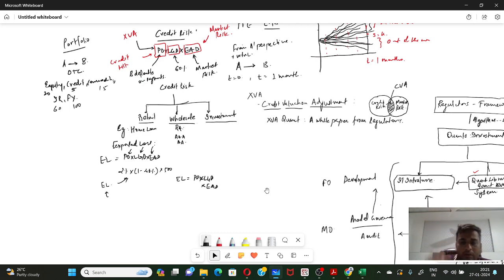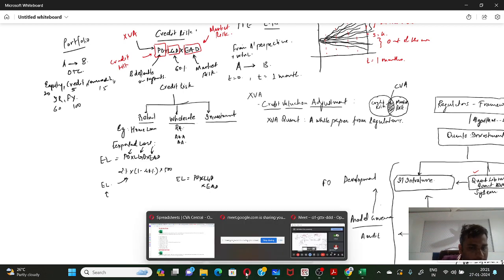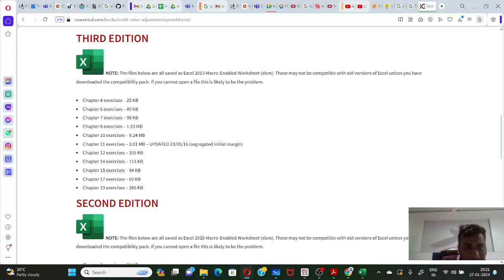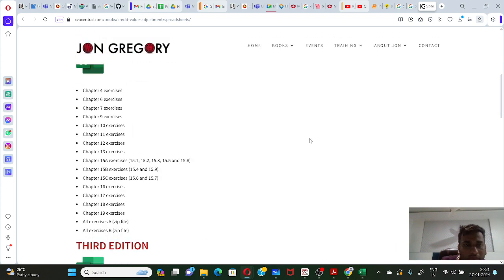Not regarding the session, but more overall: from here, do you have any further readings that you would recommend, apart from what you just said, something more simplified? I think this is the easiest it can go. This is CVA Central, from the guy who has developed the full theory from the ground up. I don't know how to get hold of this book; I'm also looking for that.